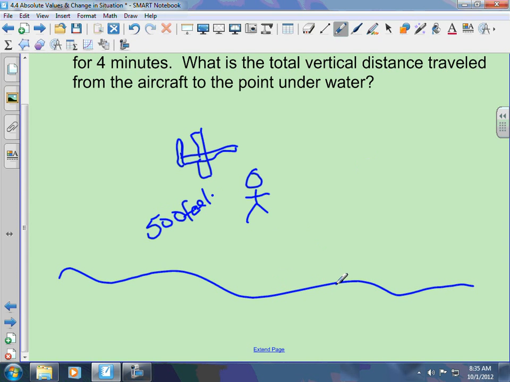What's the difference? It would be subtraction, because he fell and then flew back up, and he's hovering. At what distance is he hovering? He fell 500 feet, flew back up 200 feet, and hovered. He'd be hovering at 300 feet. There you would subtract.